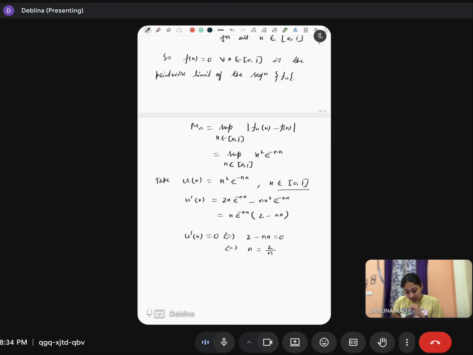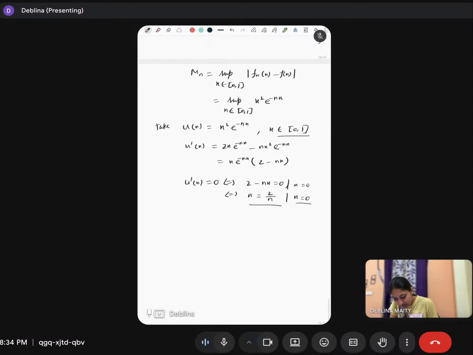At the point x equals 0, it is also 0, right? So x equals 0 and x equals 2 by n. So these two are the critical points of u(x), right? So at these points they may attain maximum or minimum values.